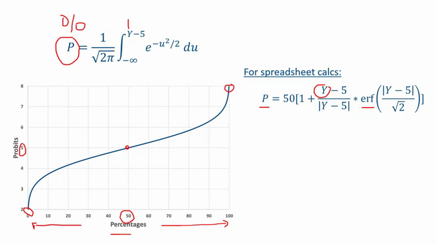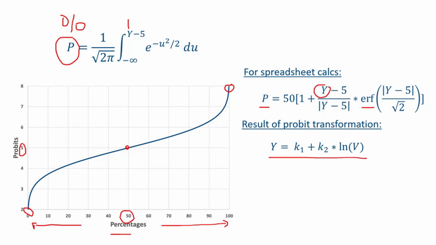In the next video, we'll go through an example and demonstrate how to work all this. Again, the goal here is that if we move from percentages to probits and get a linear relationship, we can then fit a line to y in probits as a function of the natural log of the causative variable.